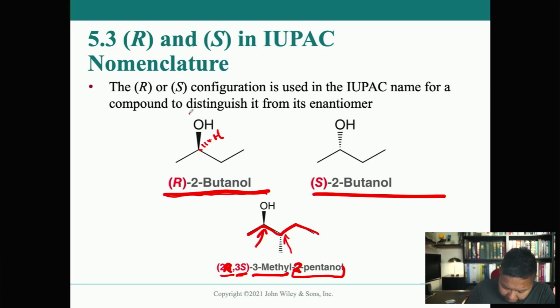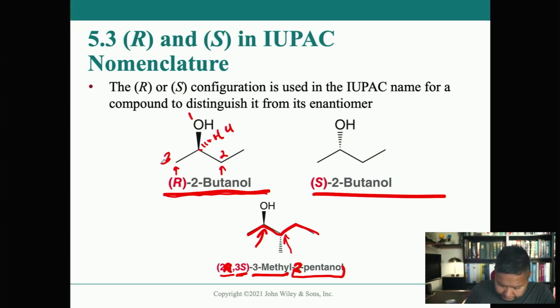So top priority here will be the oxygen. So that's number 1. 4 is the lowest priority for hydrogen, right? And then we have a carbon with a hydrogen connected to it and a carbon with another carbon connected to it. So what's going to be next after that? This will be 2, okay? This will be 3, because a carbon connected to another carbon is higher priority than a carbon connected to a hydrogen, right?